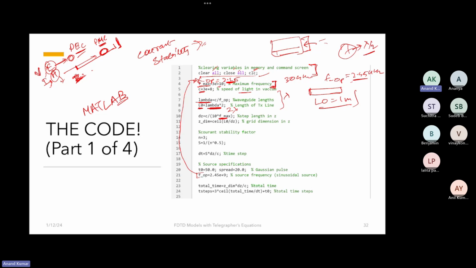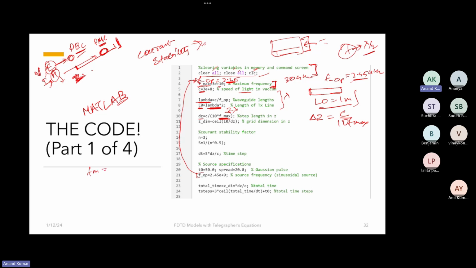Based on this Fmax, the frequency up to which it should be stable, I'm calculating the delta z value. So this delta z is equal to c by the total dimension, which I'm calculating as 10 times Fmax. I probably have to write this down.